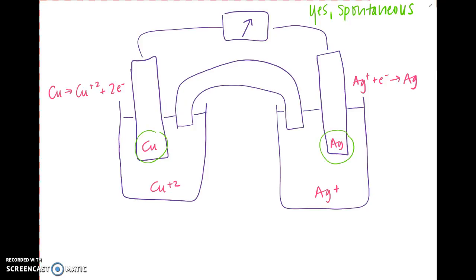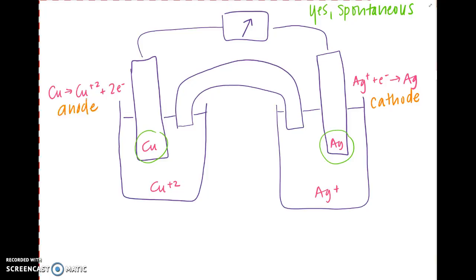So remember, red cat. Find where reduction is happening, because that's my cathode. You should have picked that to be the cathode because the silver ion is gaining an electron to become silver metal. So by default, this one better be the anode, where oxidation is happening.